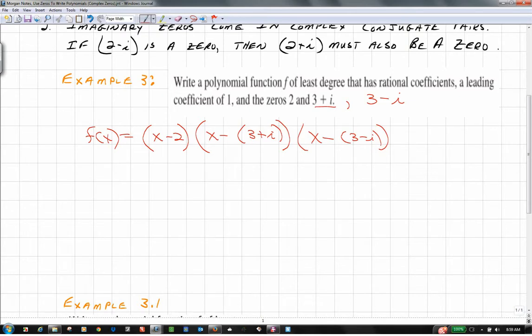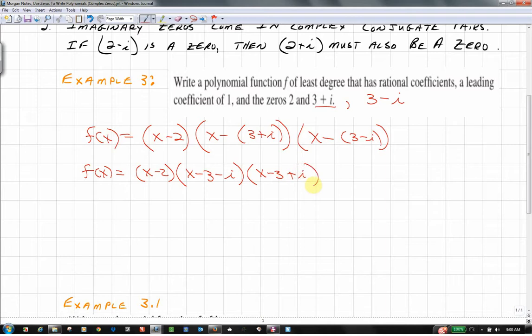Let's simplify this, using the same technique we used before. So x minus 2, then x minus 3, and the negative distributes into the i, and on the other one, x minus 3, and the negative distributes into that i, making it a plus i.